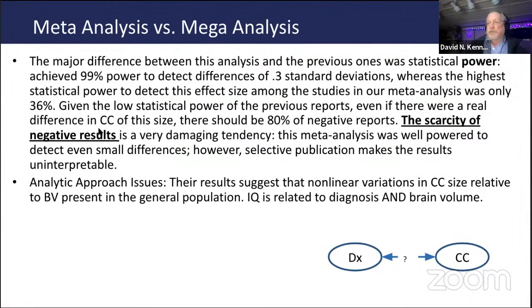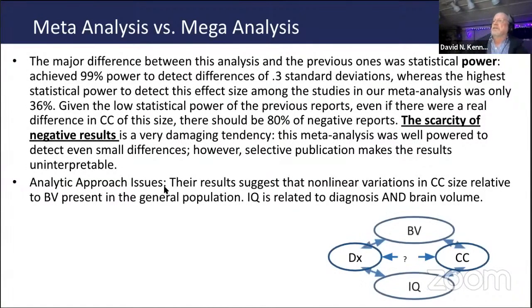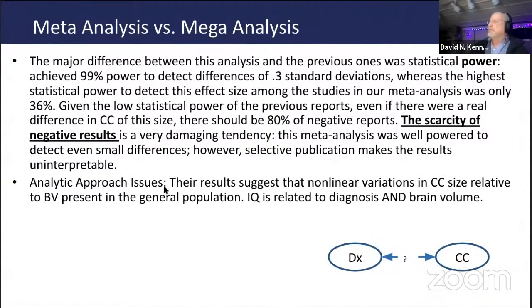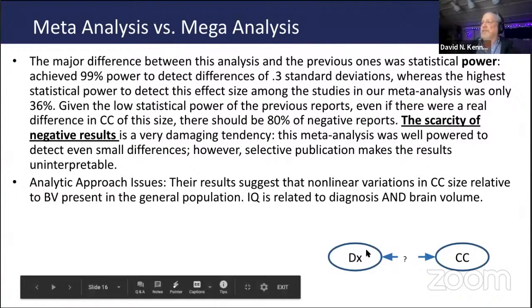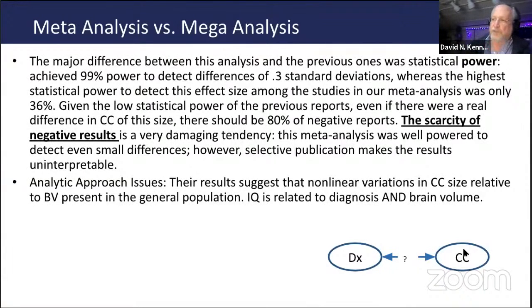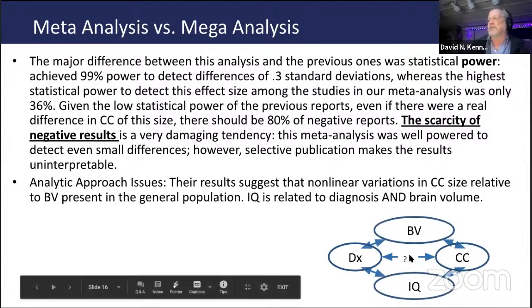So the scarcity of negative results is a problem, and the woeful underpoweredness of the literature that went into that original meta-analysis is problematic. Ultimately, this refers not to nothing going on in the corpus callosum, but that the model of simply diagnosis relating to corpus callosum volume is too limited a model, and these studies were underpowered to look at the covariates, the whole system of what's going on here.